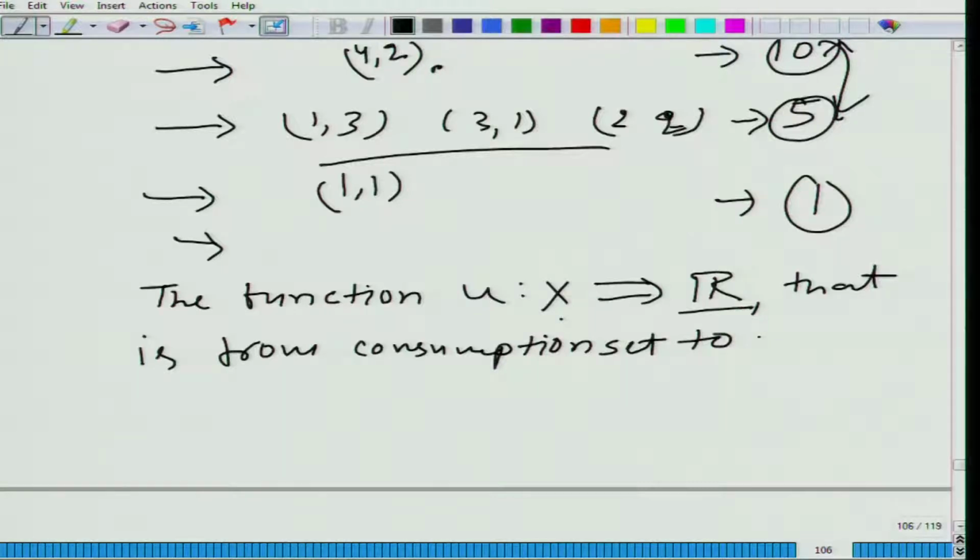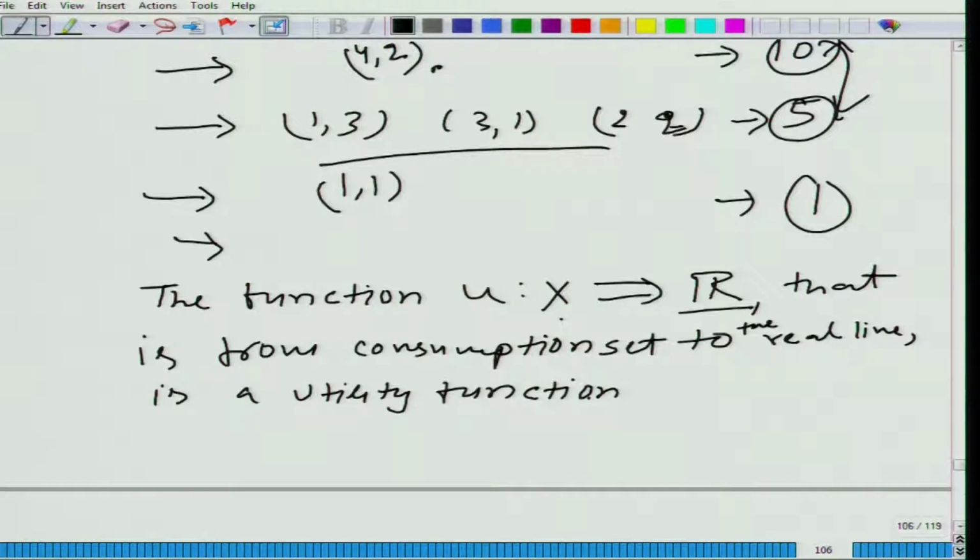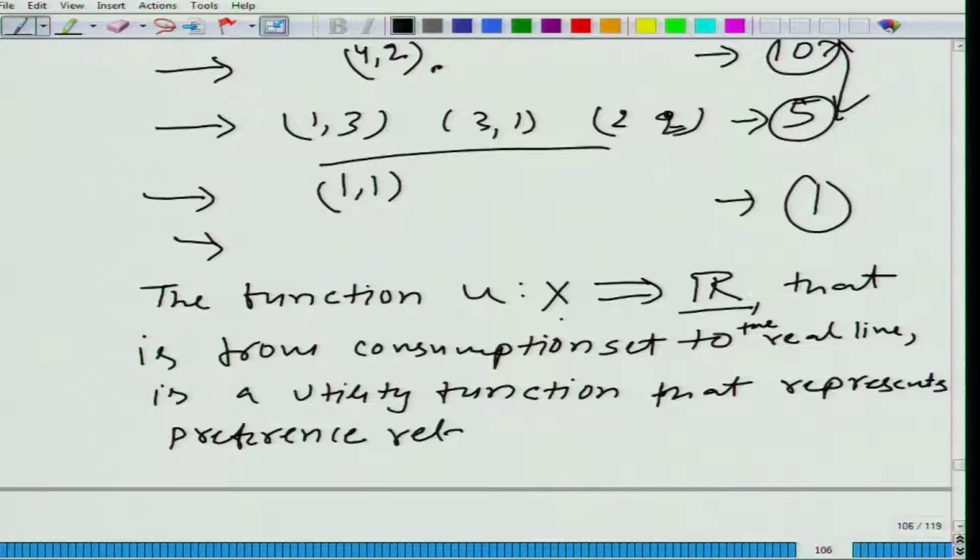So, from the consumption set to the real line, the function is a utility function. This is a utility function that represents the preference relation, denoted by this. This is a relation.